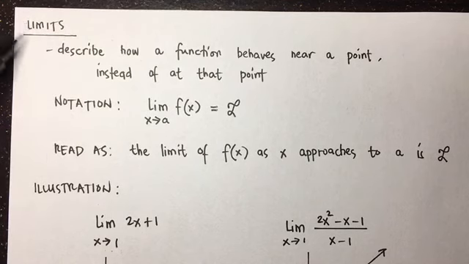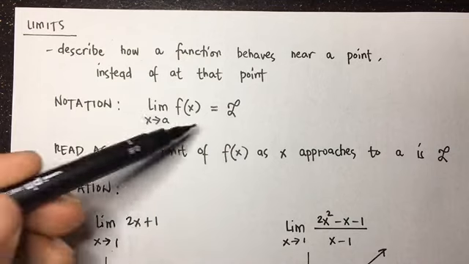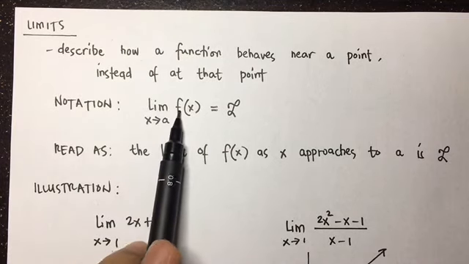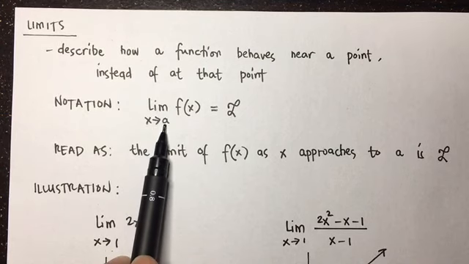For the notation of limits, let's say the value of the limit is L. It is denoted by the limit of the function as the variable x approaches a certain value a.